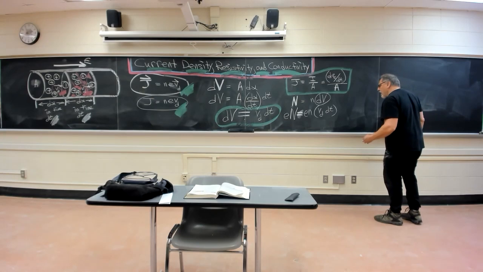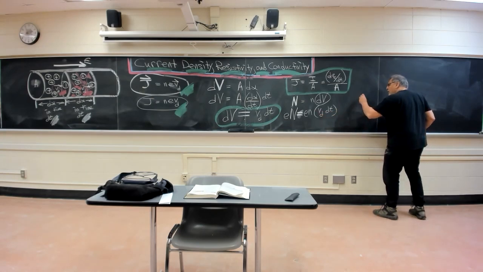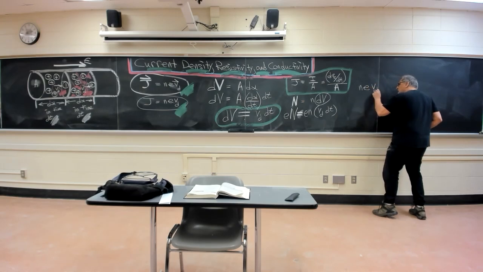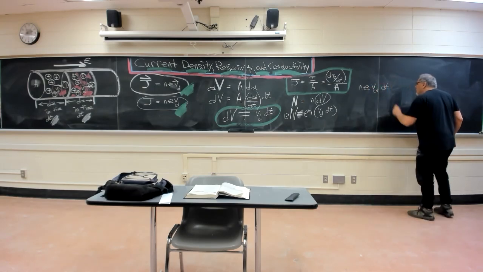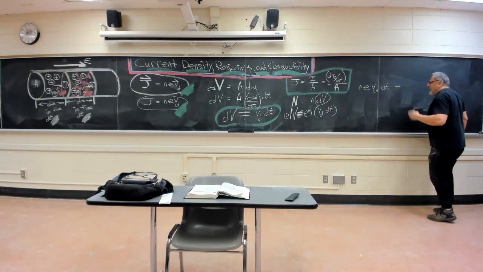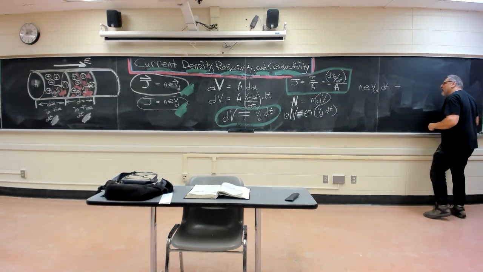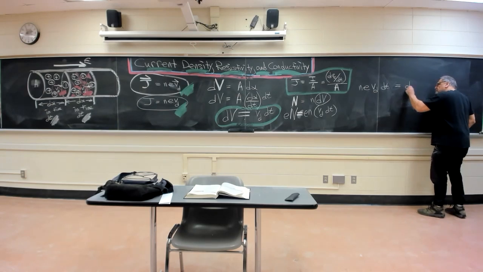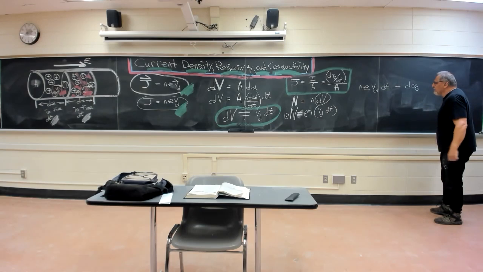So the total amount of charge is N times E, which is small n times E times V sub d dt. That's the total amount of charge. We'll say that's dq.